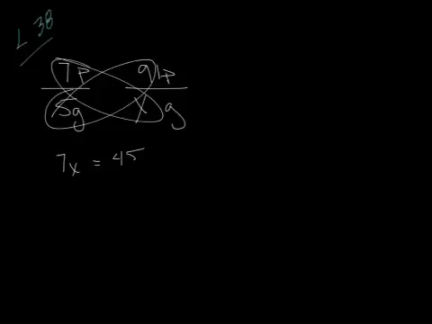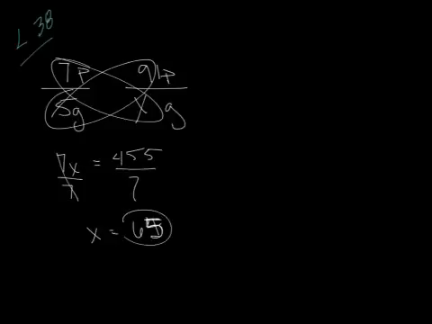Missed that. So it's 455. Divide by 7, divide by 7. x equals 455 divided by 7, which is equal to 65. So 65 goats is how many I have. When I have 91 pigs, I have 65 goats.